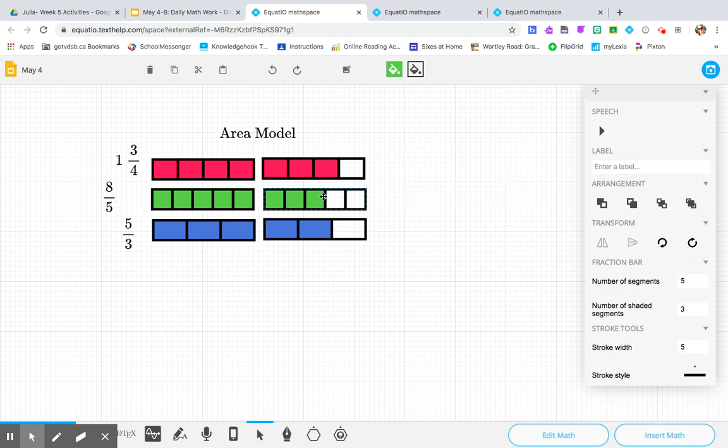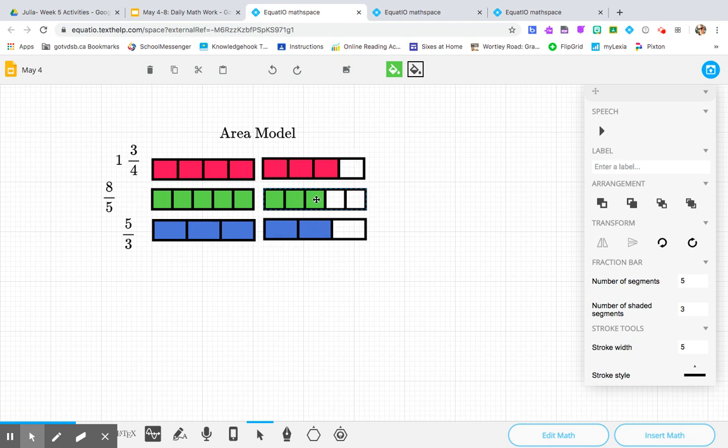So 8/5 is here. Now, last we have 5/3. So the denominator tells me to break it up into 3 pieces, 1, 2, 3 pieces. So 3/3 is our 1 whole, and we need 2 more thirds to get our 5/3. Now, again, these are very close.